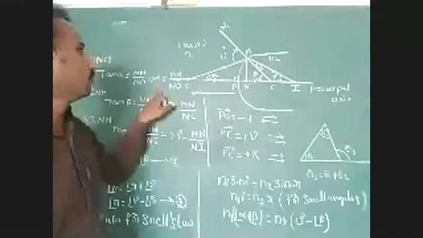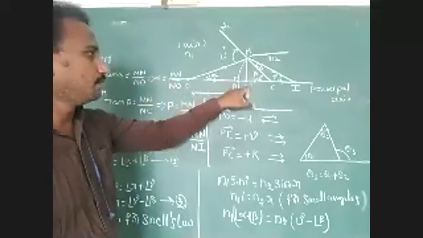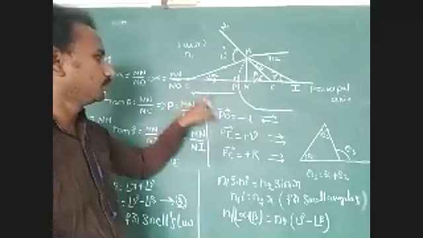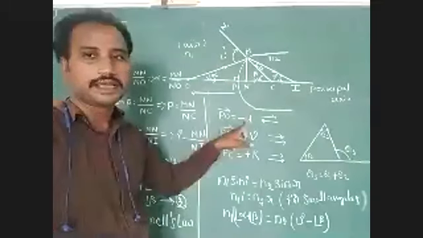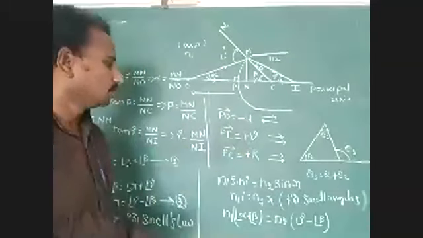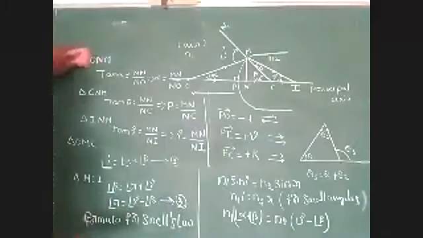Angle alpha equals MN by NO. Here NO value is approximated to PO. What is the PO value? PO value equals minus u. So we have to write these conditions.